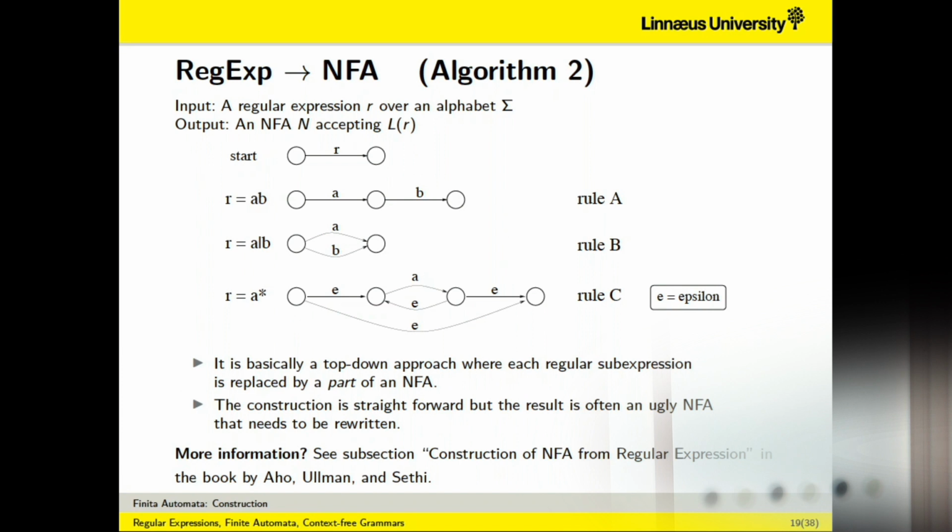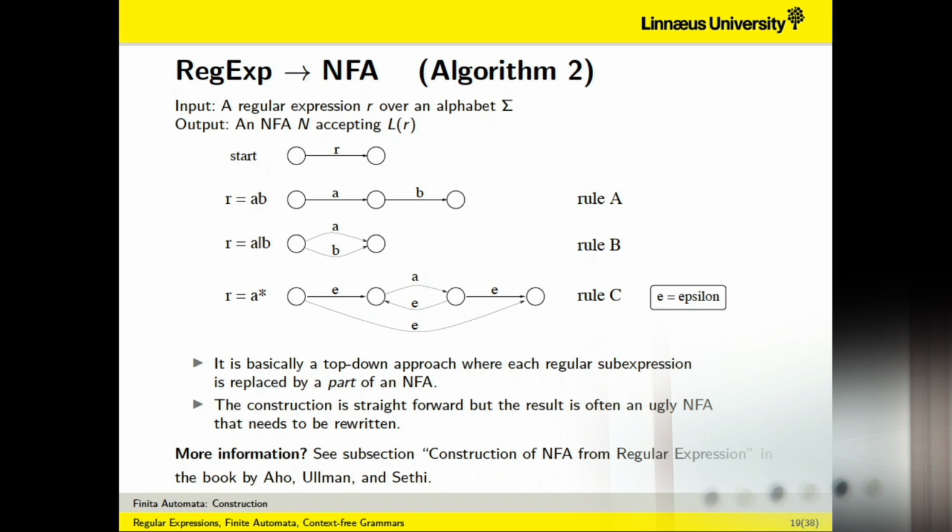If in that regular expression you have a concatenation A and B, AB, you replace this with A followed by B. On the other hand, if you have an alternative form, then you use two different paths.